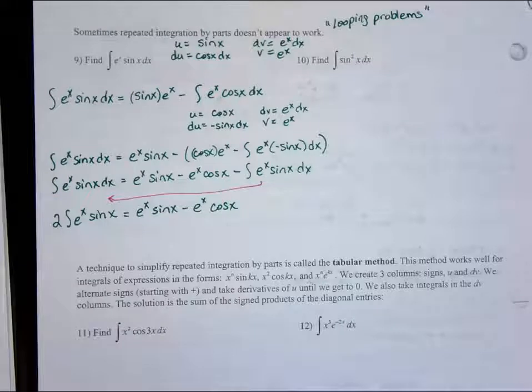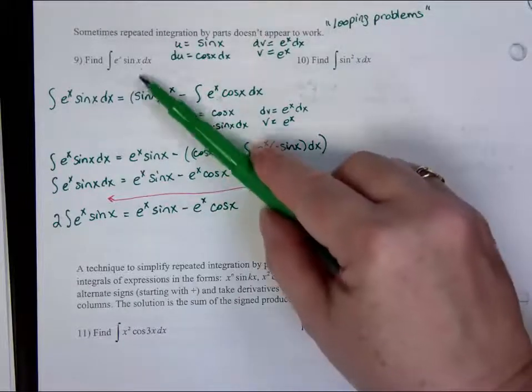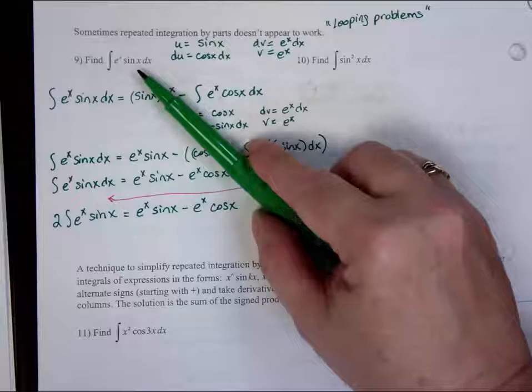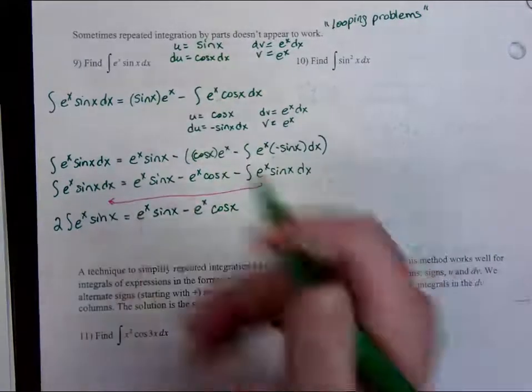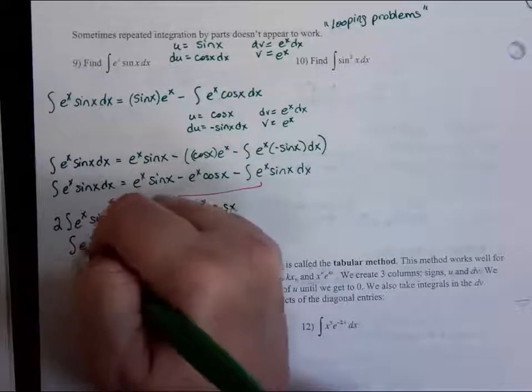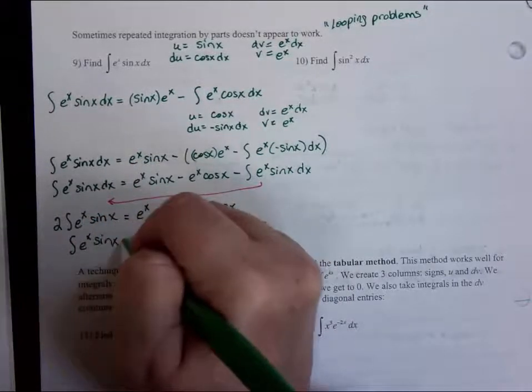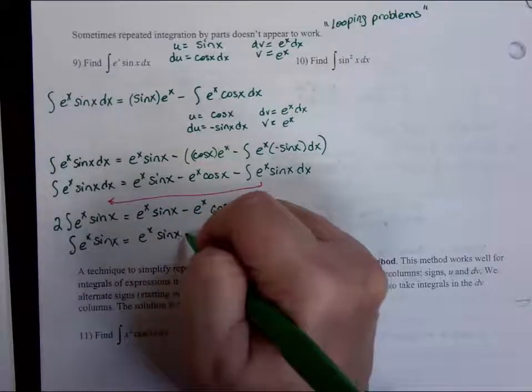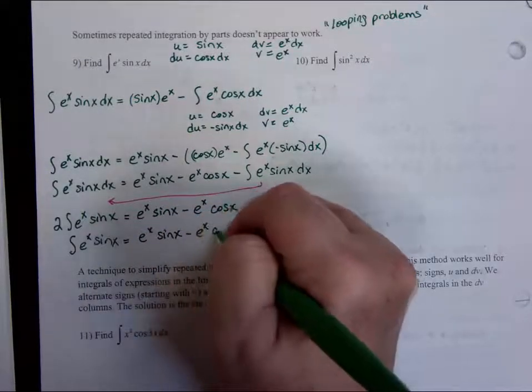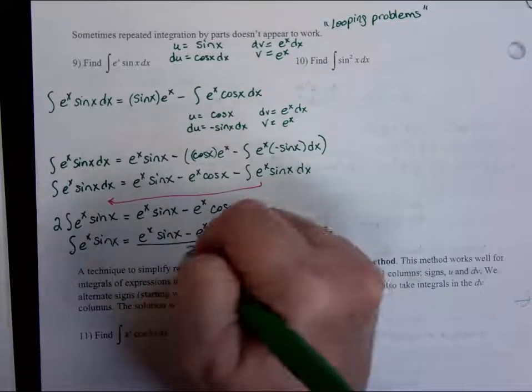Since I'm solving for the integral, I want to know what that equals. I need to get rid of the 2. How do I get the 2 off of there? Divide by 2. So that means the integral of e to the x sine of x equals e to the x sine of x minus e to the x cosine of x, all over 2.